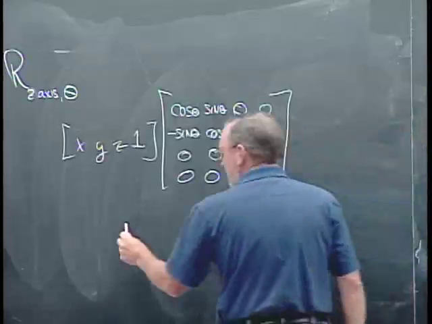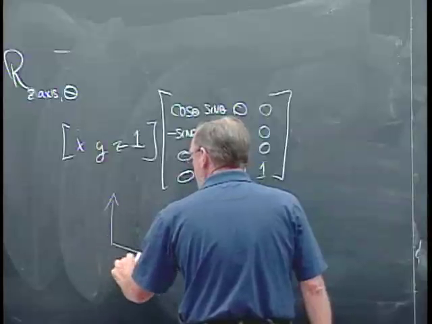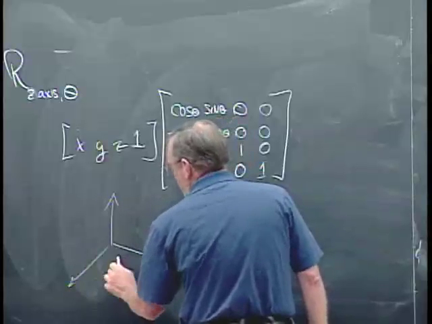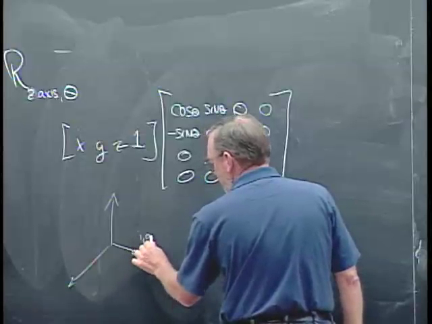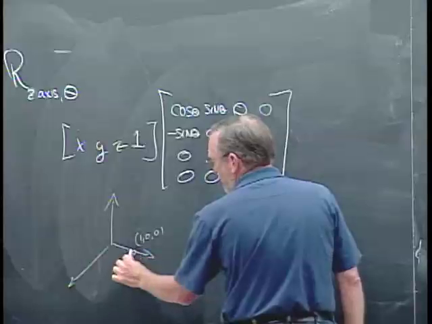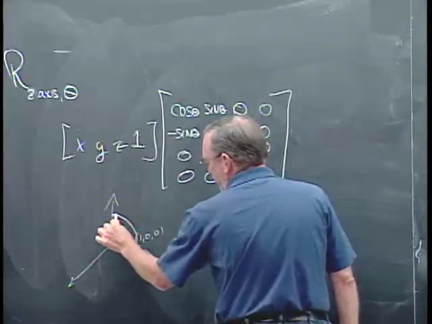Now, let's take a point here that I know something about. How about the point 1, 0, 0? And let's rotate it 90 degrees around the z-axis, okay?